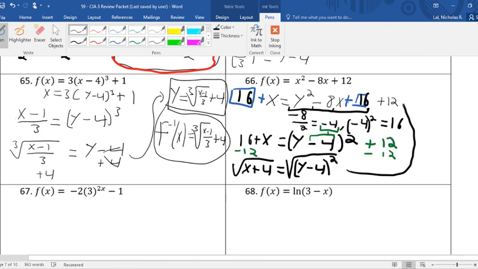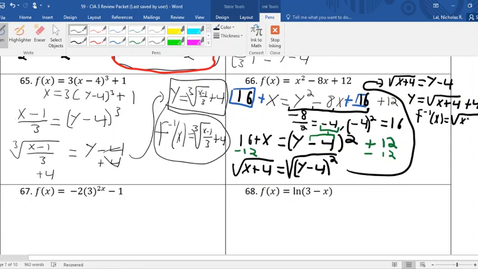That's going to give me the square root of x plus 4 equals y minus 4, which means that y is equal to the square root of x plus 4 plus 4. And so the inverse of f of x is going to be equal to the square root of x plus 4 plus 4. All right, that is our answer.